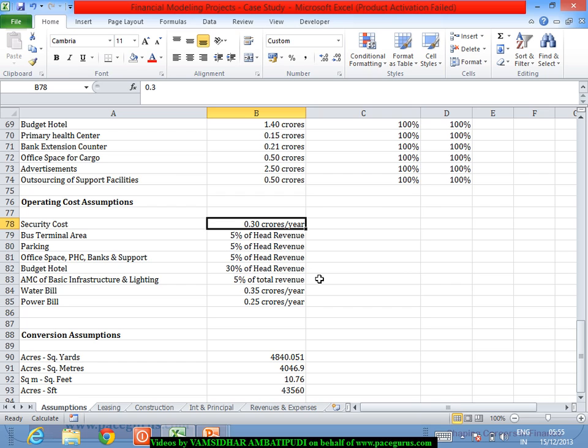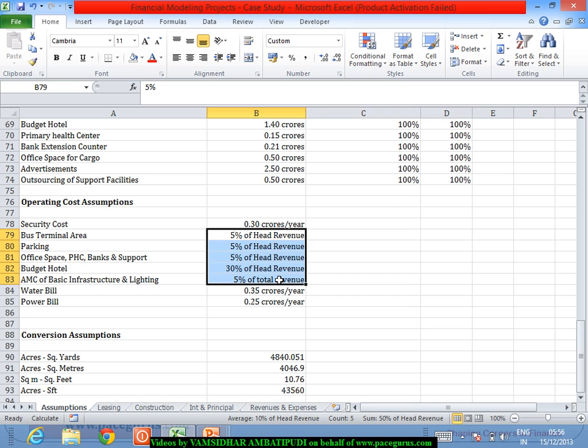But it is incrementing probably wherever we are taking a direct amount. See, in expenses we have two major categories. One is where the amount is directly mentioned like this, which are these security costs, water bill, power bill. Whereas some of the things are directly based on their head revenue. So wherever we are linking them with their head revenue, we don't need to use inflation or any other cost increment mechanism, because as the revenue is increasing, the cost also will increase.